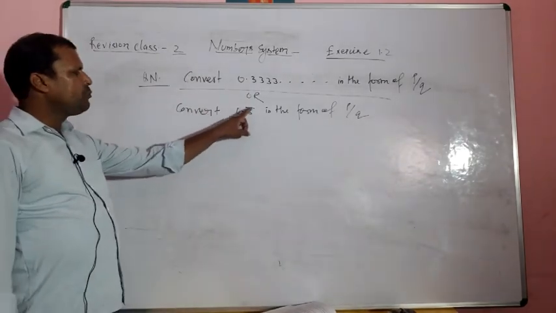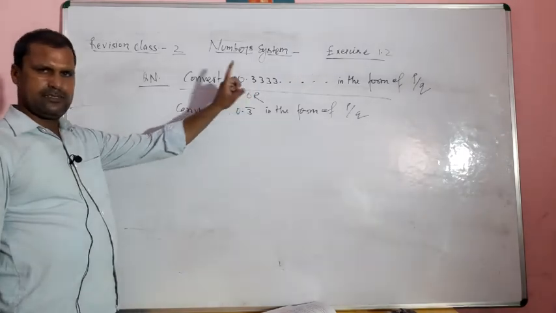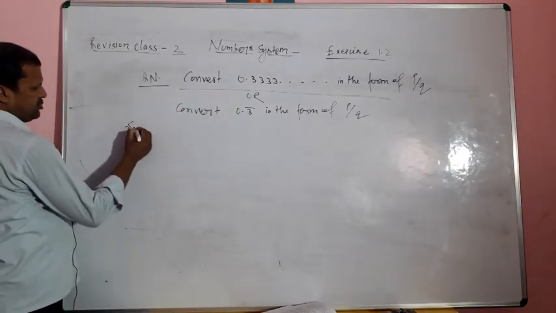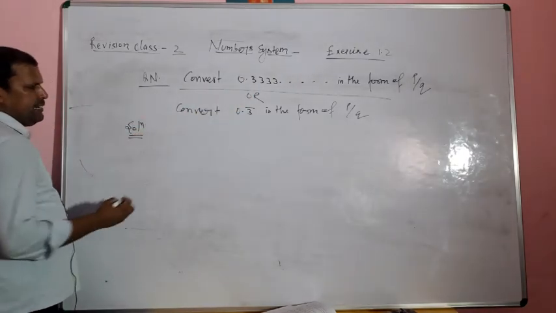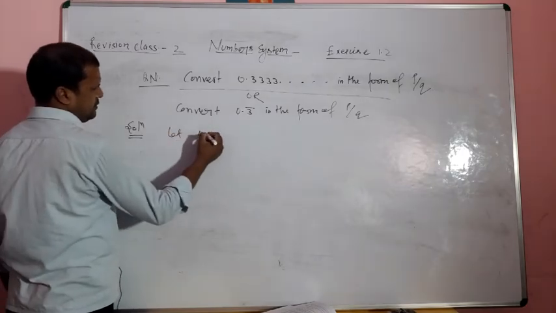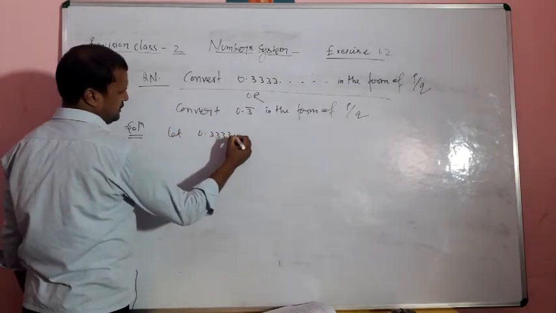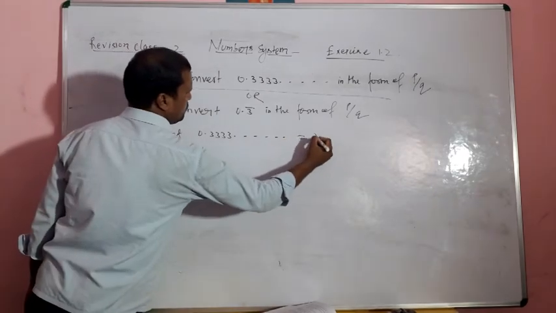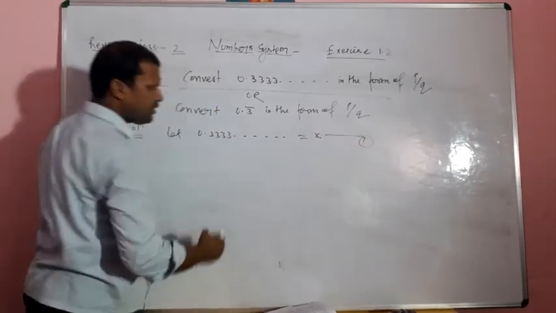The meaning of 0.3 bar is this. So how do we solve this question? Let 0.3333... equal x, it is equation number 1.